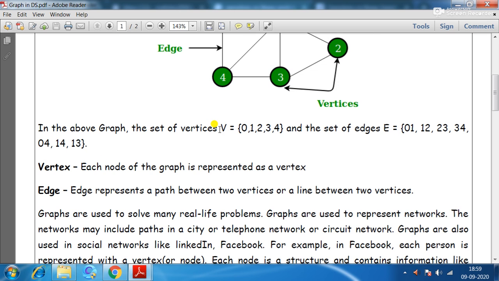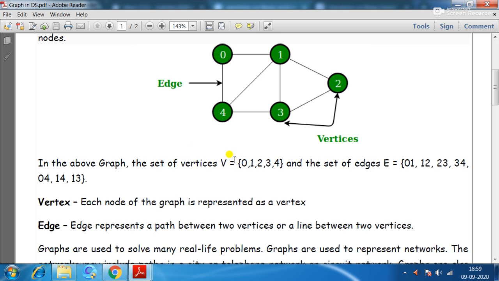In the above graph, the set of vertices is 0 1 2 3 4 and the set of edges is 0 1, 1 2, 2 3, 3 4, 0 4, 1 4 and 1 3.